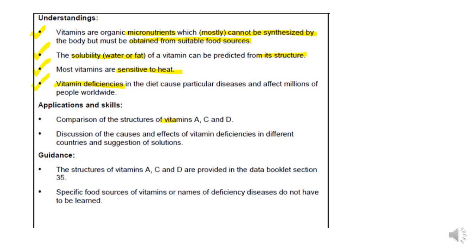We've talked about vitamins A, C, and D, so causes and effects of vitamin deficiencies and suggestion of solutions. Structures are given in the data book. And while I mentioned some specific food sources and names of deficiency diseases, you don't need to know those.